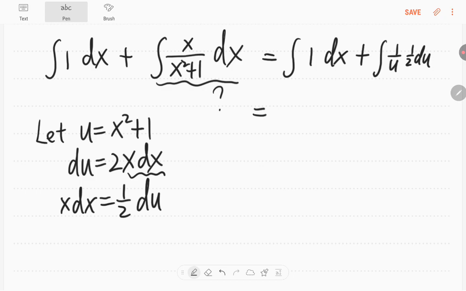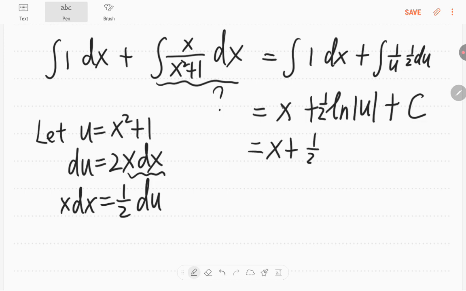The integral of 1 is x plus a constant. Then the 1/2 is a constant times the natural log of the absolute value of u plus another constant. Two constants added together make a new constant. So this would be x plus 1/2 natural log, and we plug back in. So this is your answer.